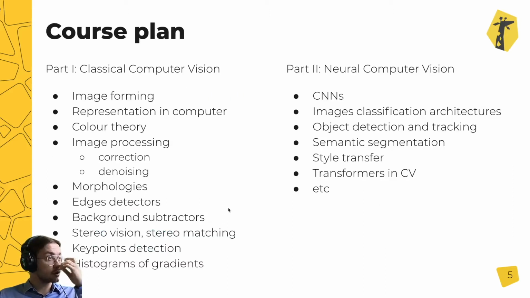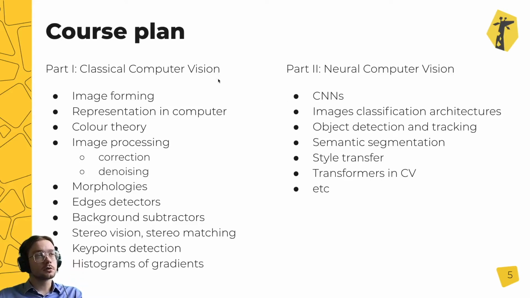So the next part is the course plan, and it is divided into two parts. We kind of started the first part with the webinar, and we also kind of started the second part with a lecture and seminar.